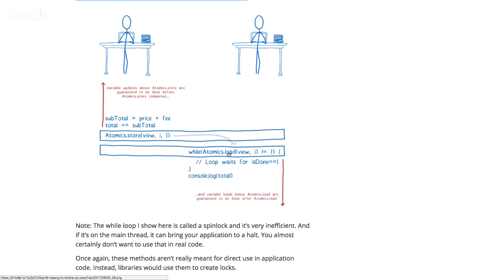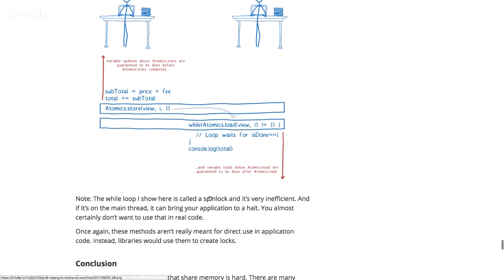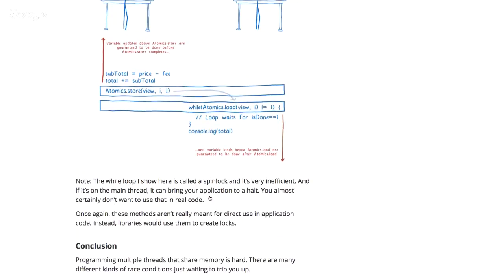And if you have atomics.load, any variables below atomics.load are guaranteed to be done after atomics.load finishes whatever work it needs to do. So these two can help make sure that the CPU or compilers don't reorder instructions.